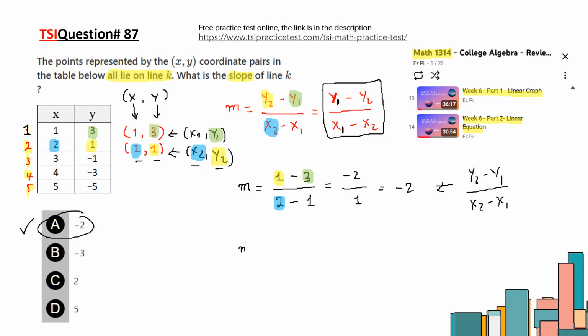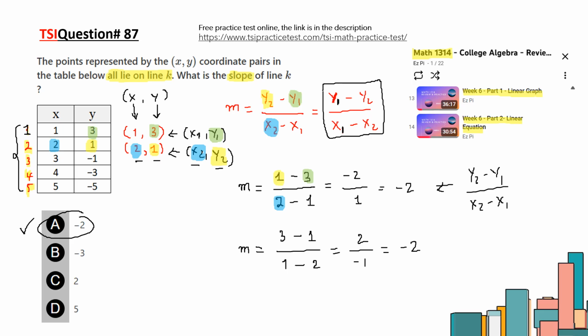Now I will try to find m by taking y1, which is 3, minus y2, that's 1, over x1, which is 1, minus x2, which is 2. See that? Now I have 3 minus 1 is 2, and 1 minus 2 is negative 1, and this still gives me negative 2. And because all 5 points right here are on line K, you can use any 2 points to work on this problem.